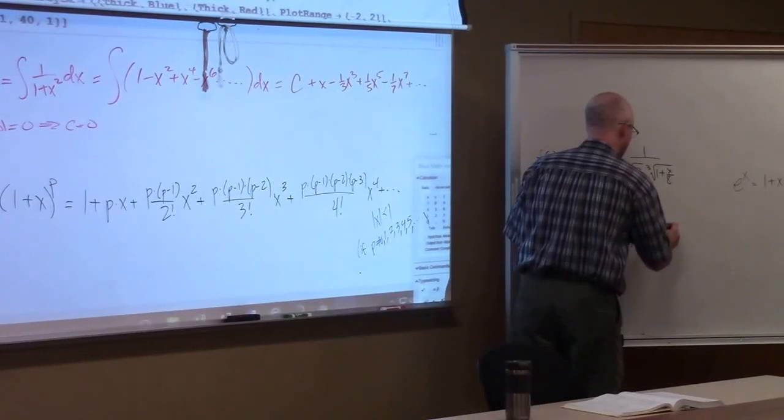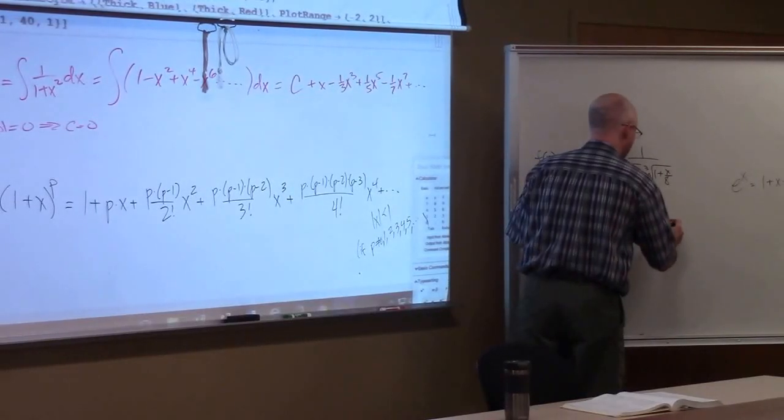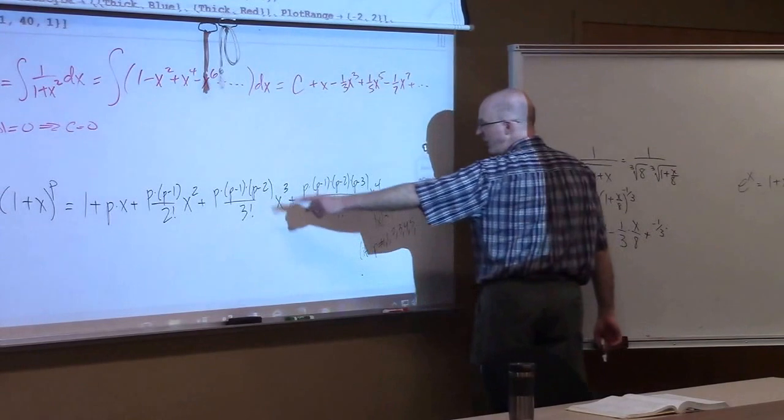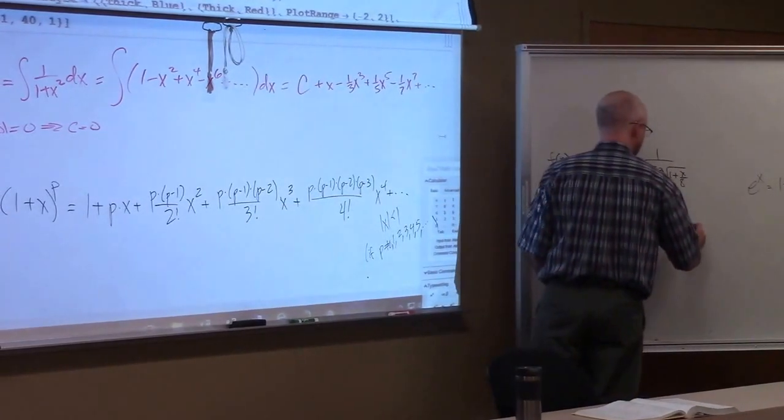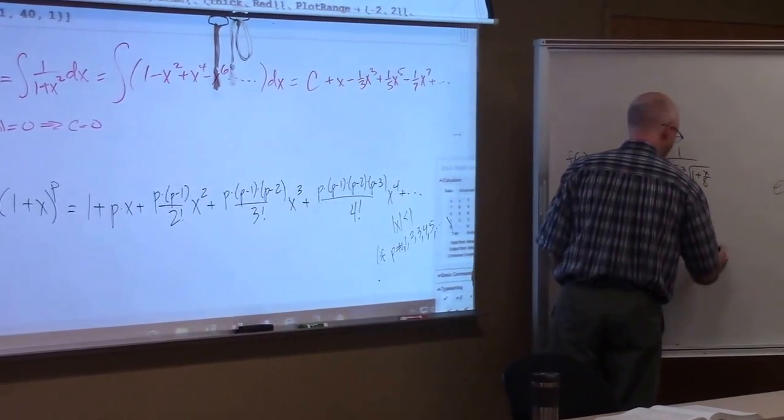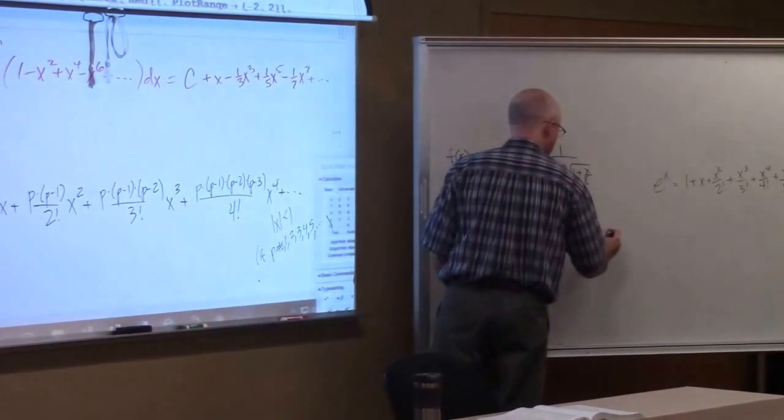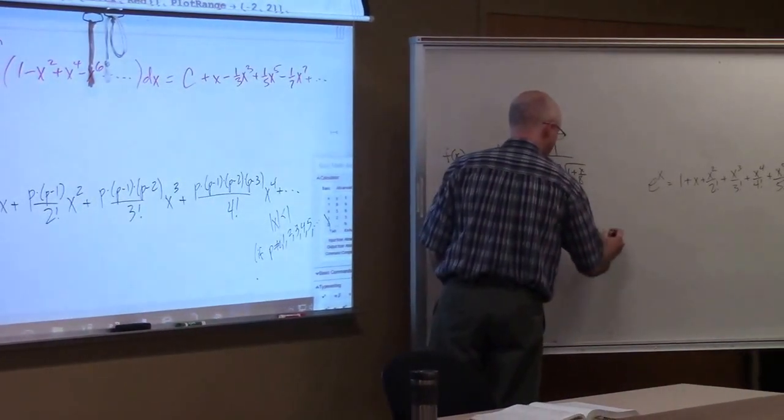Let's get a couple more terms. Plus negative 1/3 times p minus 1, which is negative 4/3, over 2 factorial times x over 8 quantity squared.